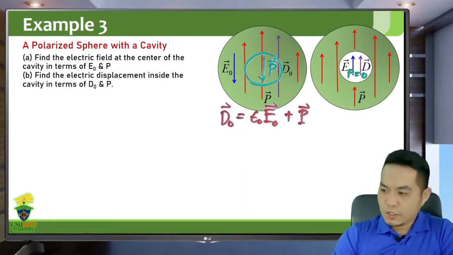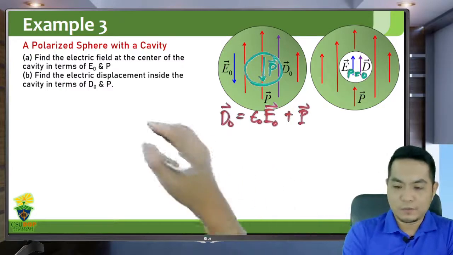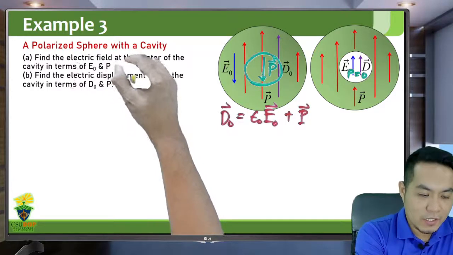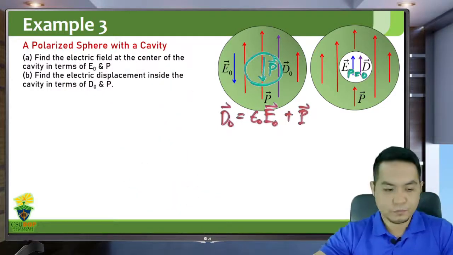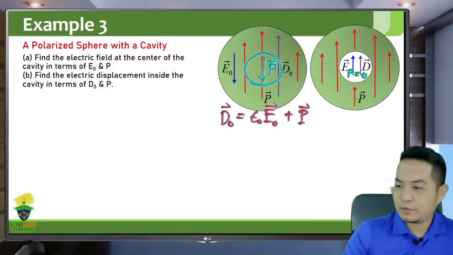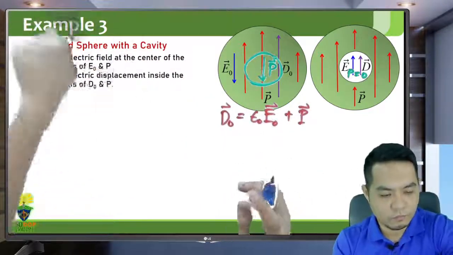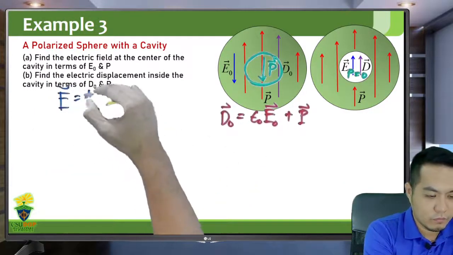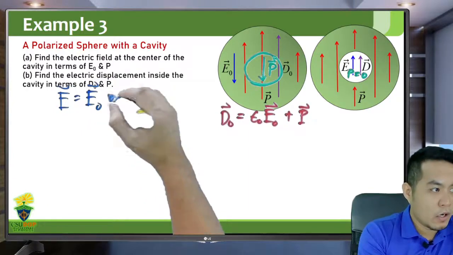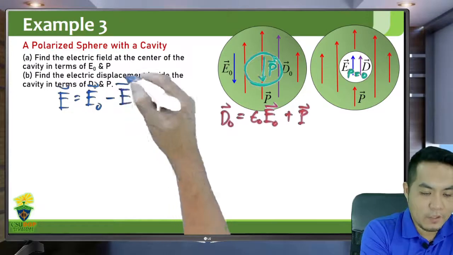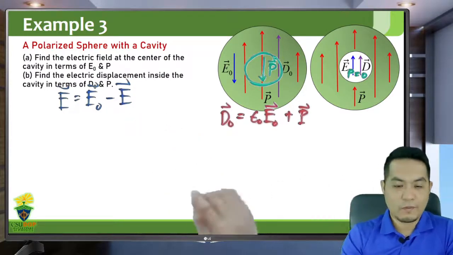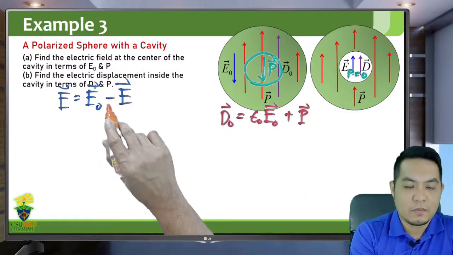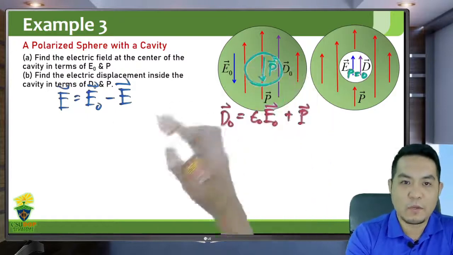Okay, so to solve for the electric field in the cavity, it's basically the original electric field minus the electric field of the small sphere with the opposite polarization.